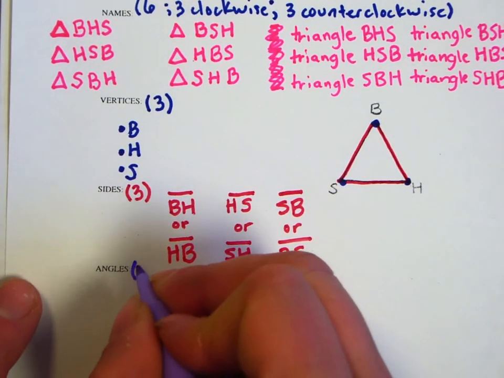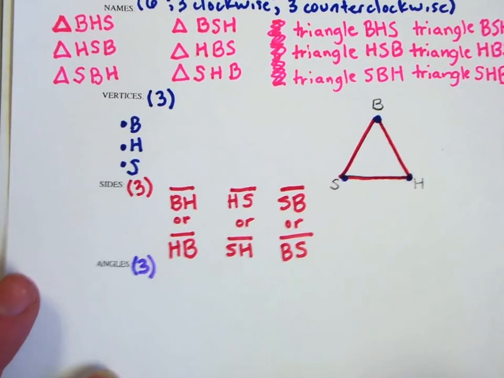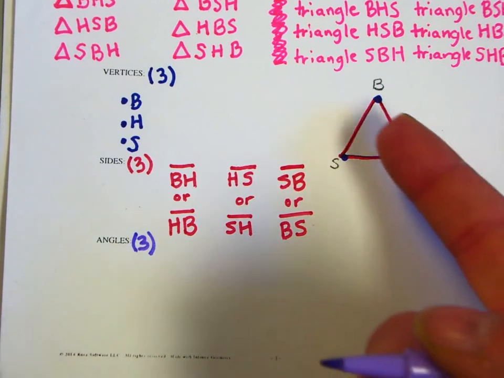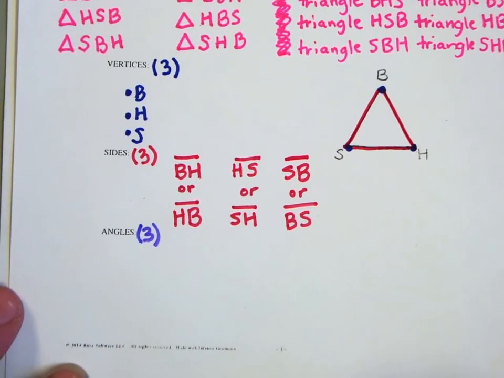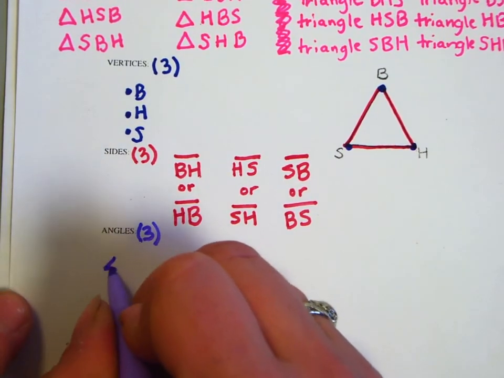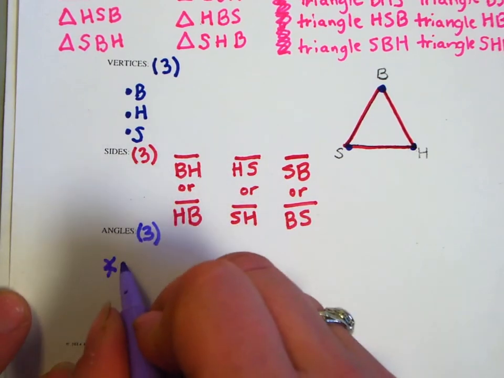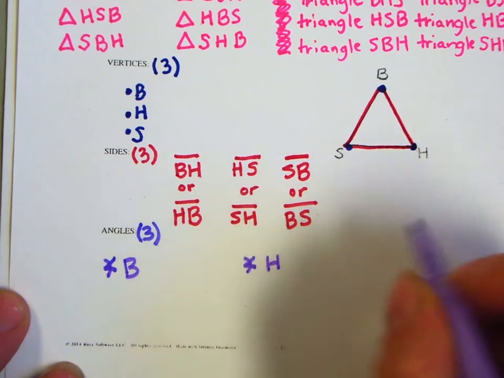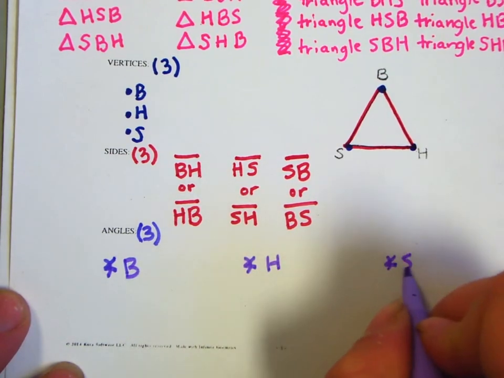Okay, for our angles, we also know that we have 3 angles. Since there are no angles that share a vertex, we are allowed to use a single letter to name each angle. So we could say angle B, angle H, and angle S.